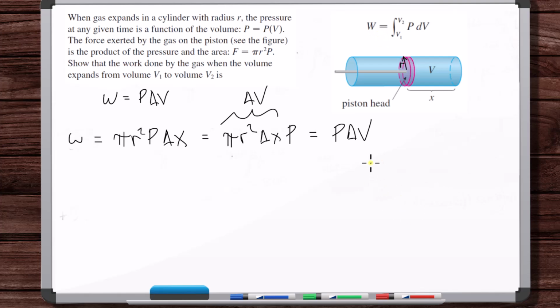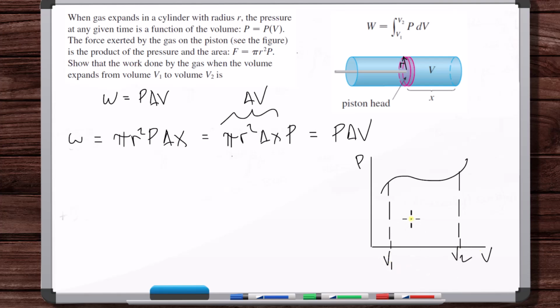So, let me go through it. The idea is you've got the pressure as a function of the volume. We're going from V1 to V2. We're going to break this up into n pieces.